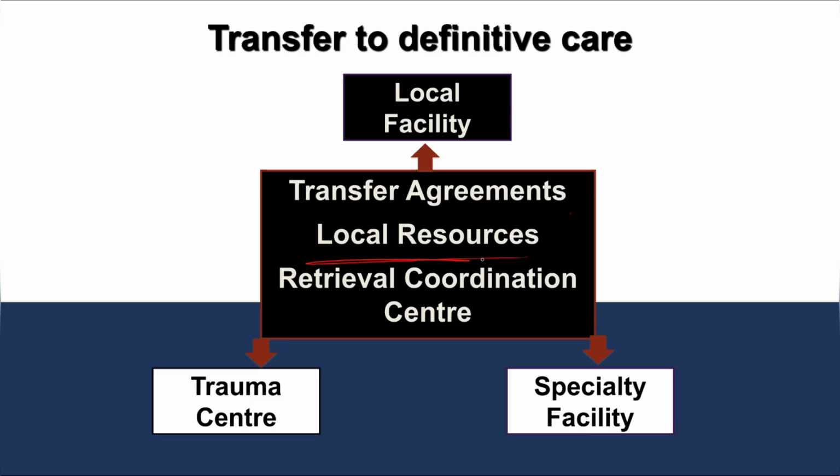So which local resources you have, the agreement is, and also a retrieval coordination center. There should be a coordination center between the hospitals to tell them that I have a bed or not. For example, you send a patient for a CT scan to another hospital, and then it turns out their CT scan is also not functioning. So you have to call them before sending a patient to that hospital.